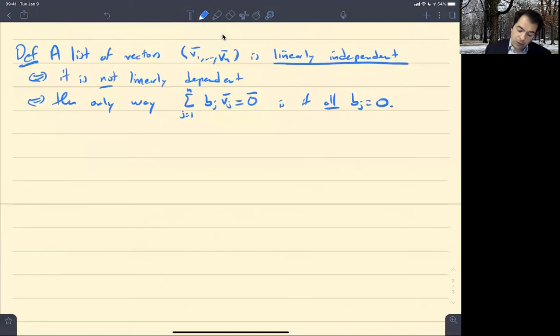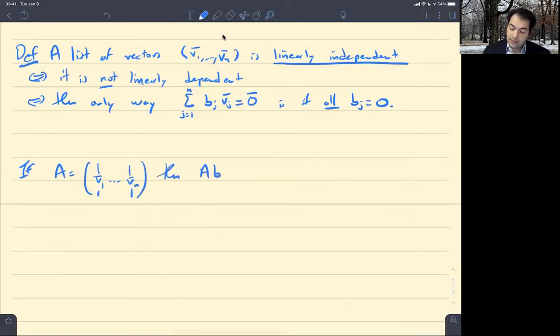Okay, so one place where we get lists of vectors is when we have the columns of a matrix. Right? So if A is the matrix whose columns are v1 through vn, then remember we've seen that matrix vector multiplication can be expressed as a linear combination of the columns.